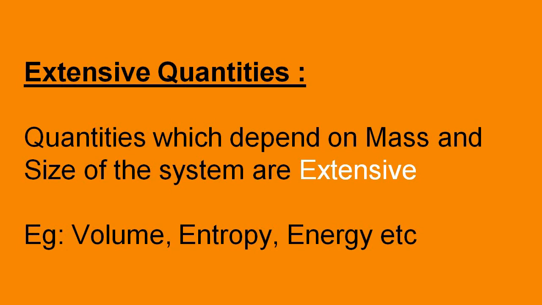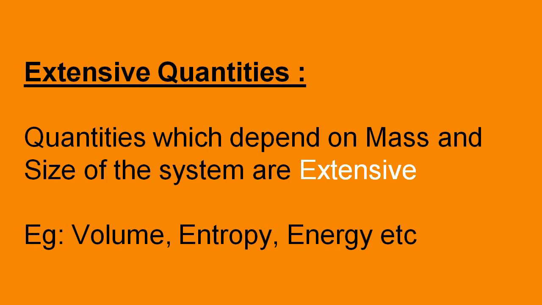As an example, if you consider the duster that we are using in our class, if you are making it two halves, you can see that the mass of the system has reduced. Then you can see that the volume has also reduced. So volume depends on the mass.